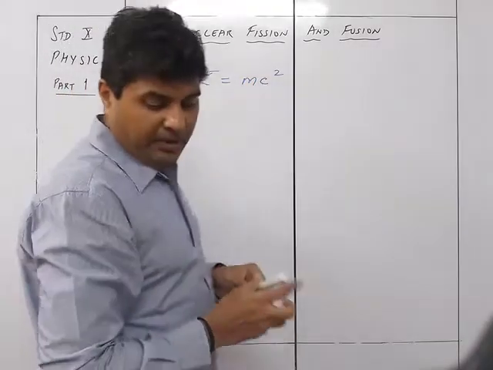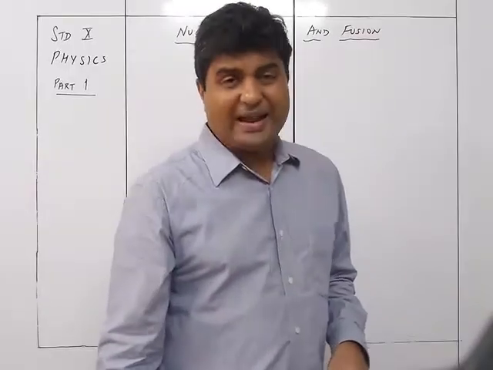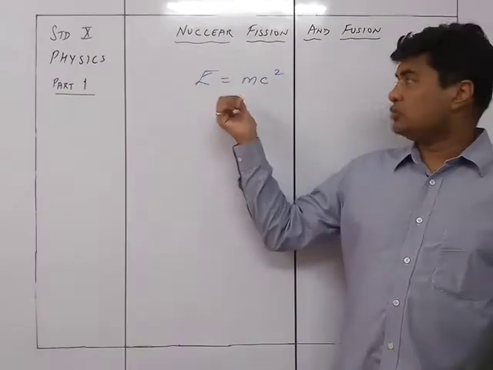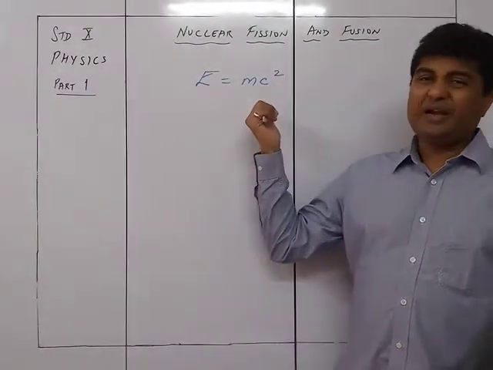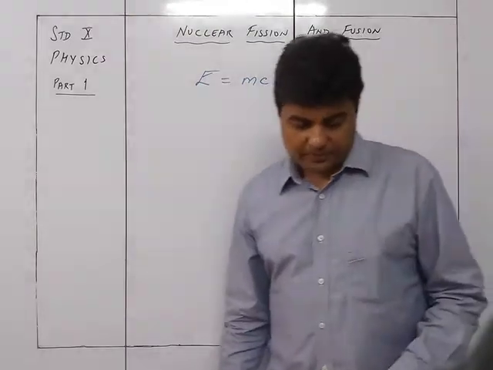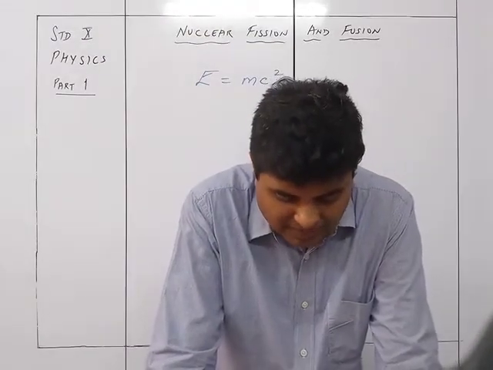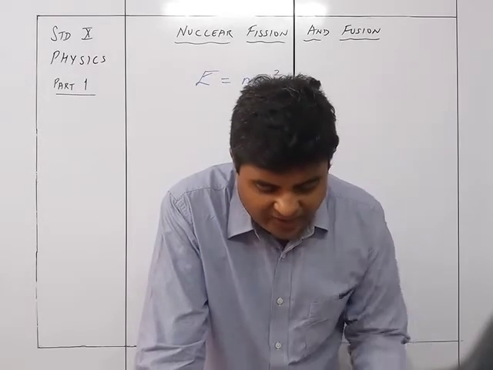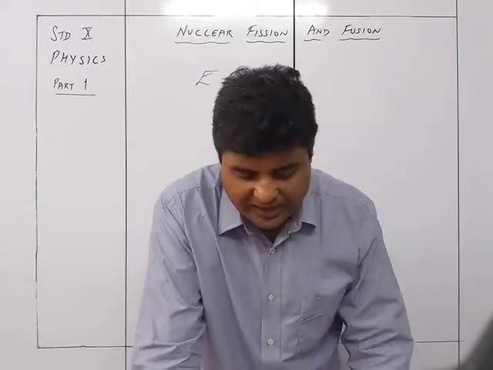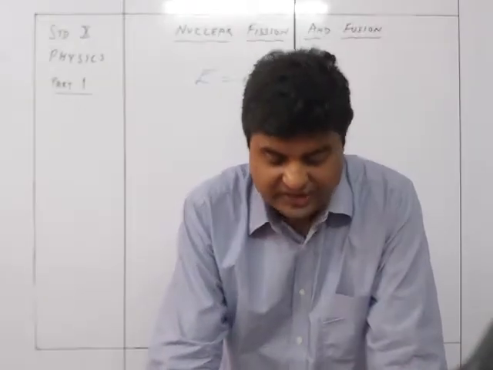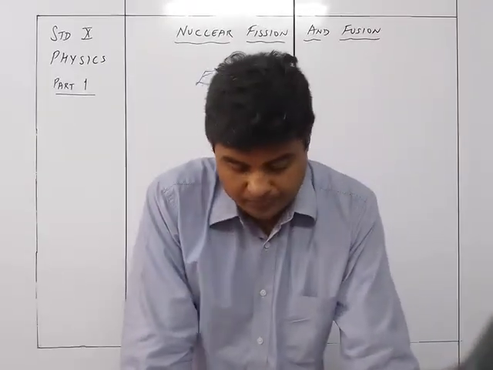The main important formula is Einstein's formula, that is E, energy, is equal to mass into speed of light, c is the speed of light, square. So thus there is a loss in mass. In 1905, on the basis of the theory of relativity, Einstein suggested that mass and energy are interchangeable.